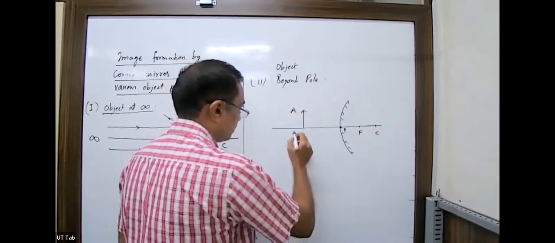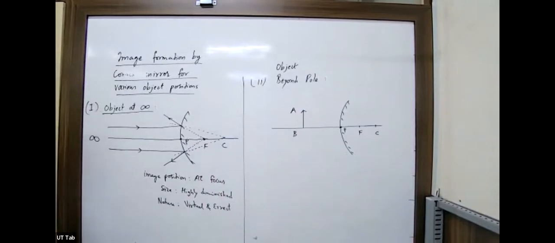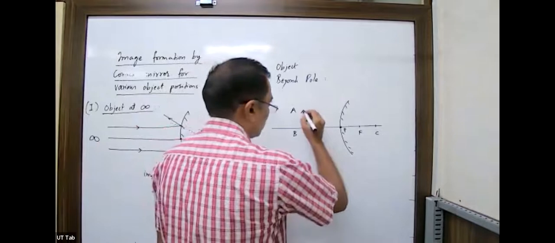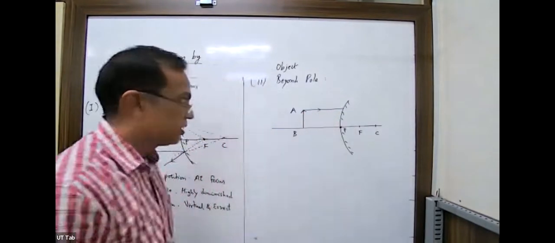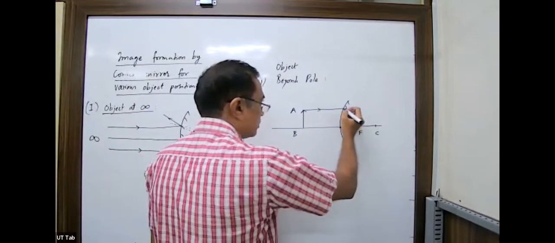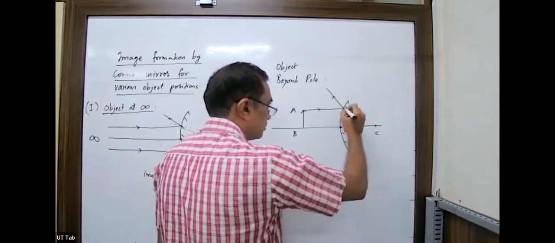Object A. First would be parallel to the principal axis, and it will reflect in this direction.